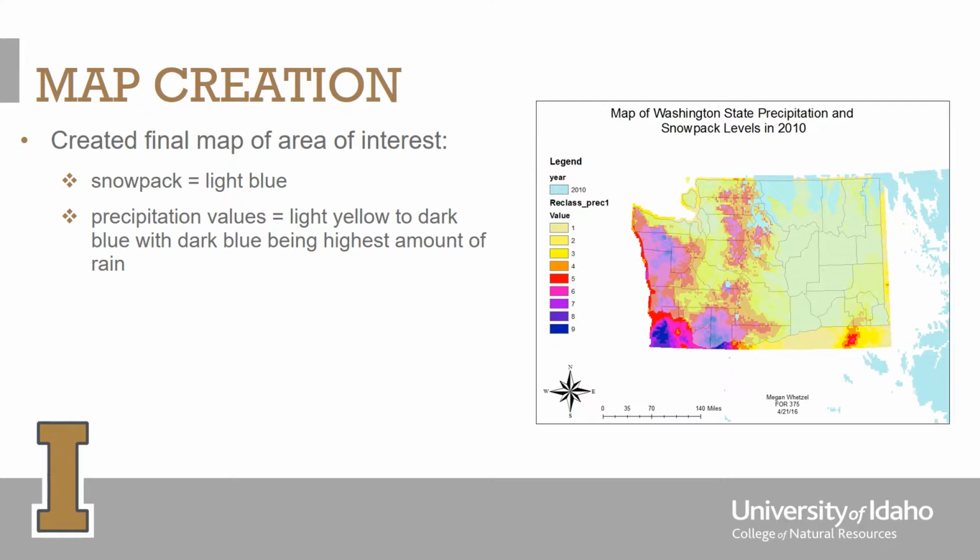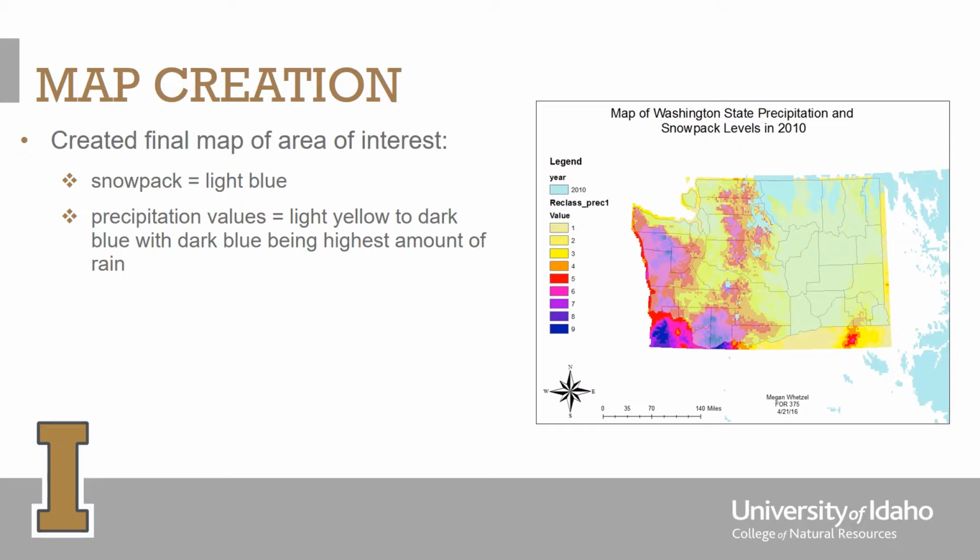The snow cover is shown in the map on the right in the light blue, and the precipitation values are classified into the 9 classes that you see on the left of the map. The yellow, or whitish color, is the lowest amount of rain, and the dark blue amounts to a very high rainfall.